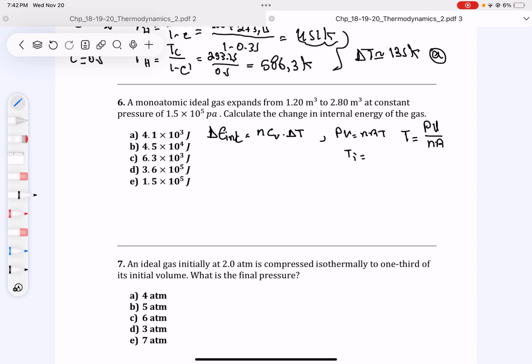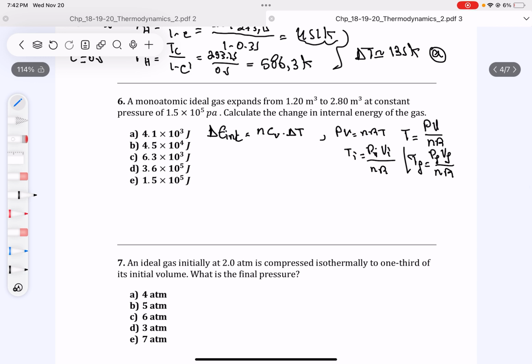T initial is equal to P initial, V initial over nR. T final is P final, V final over nR. And CV for a monoatomic gas is 3 over 2R. Then here we have 3 over 2 nR times P final, V final minus P initial, V initial over nR.